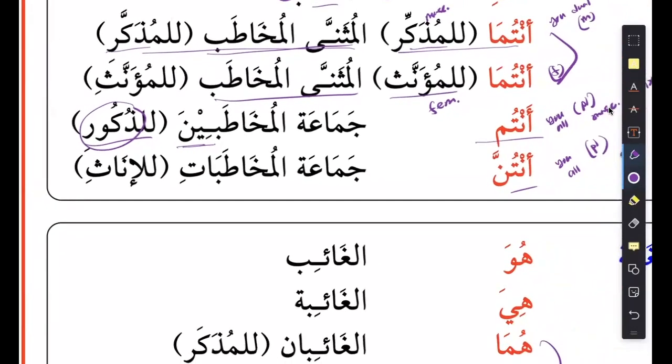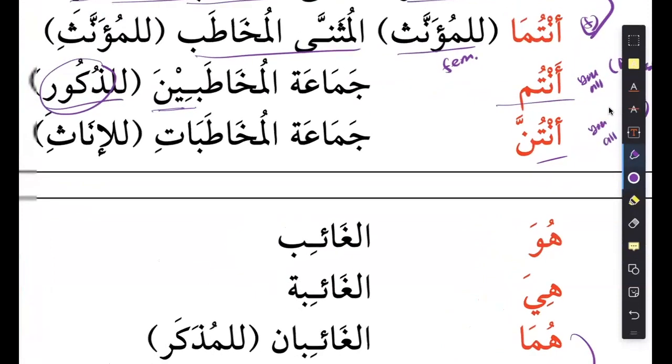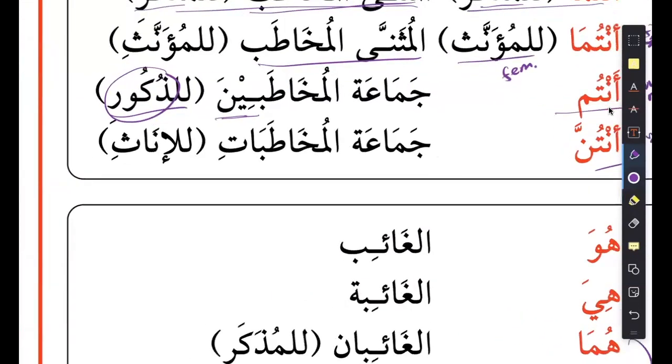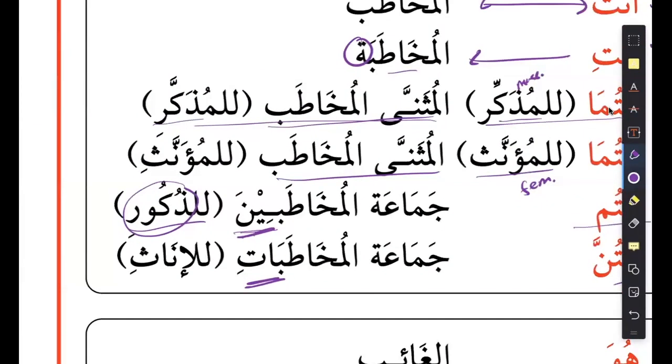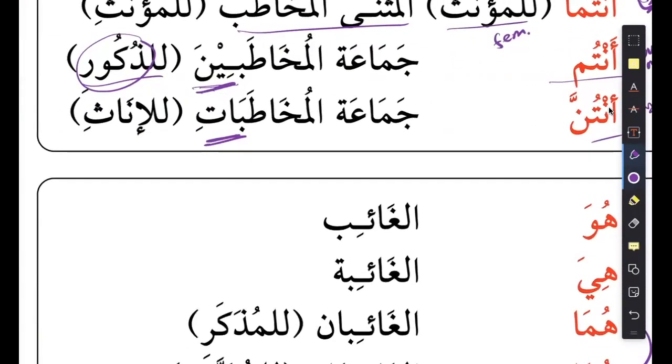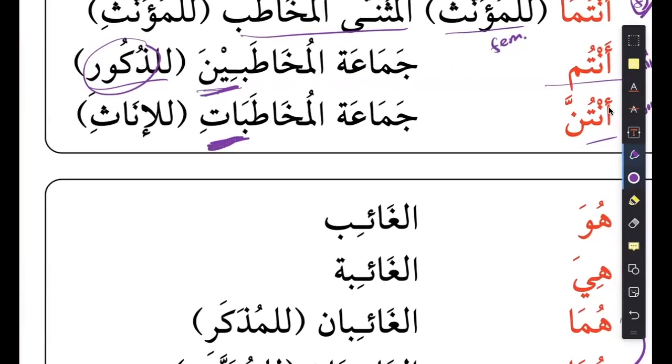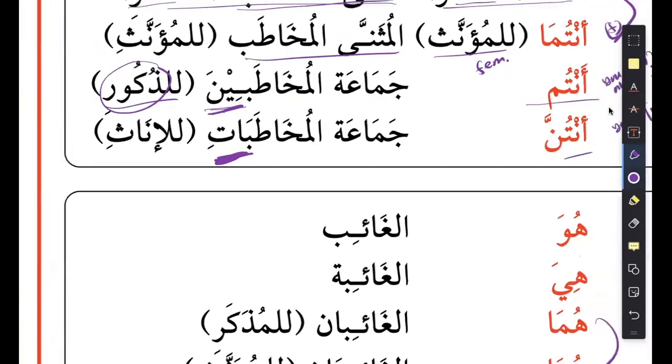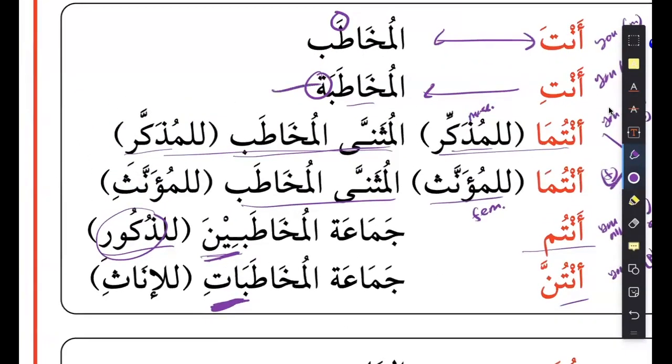You understand? And then we have antunna. We say jama'atul mukhatabat. You see how they changed the gender here? That's why I was hoping that they would do the same here, but they haven't done it. So it is a group of mukhatabat. And this is a plural of this word.